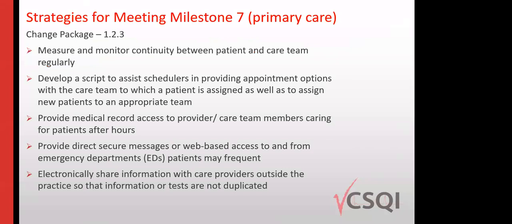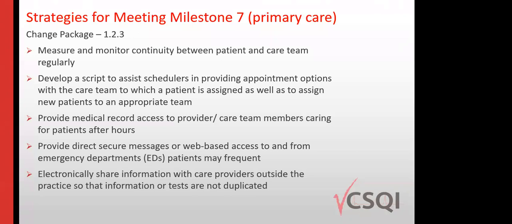Continuity of care addresses the patient's continuing connection with the same provider. So it could be the same team, the discussions we've had previously about panel assignments to know that the patient is seeing the same team, a panel of clinicians from your practice that are skilled in that patient's particular care needs, begins to address continuity of care.